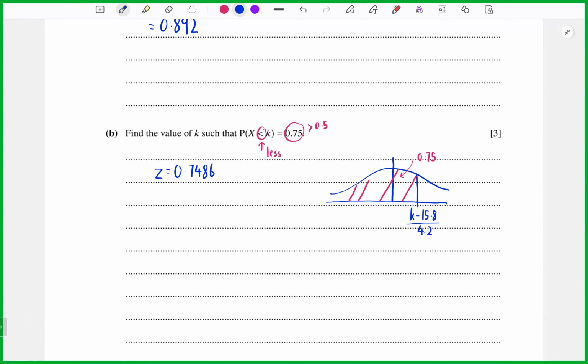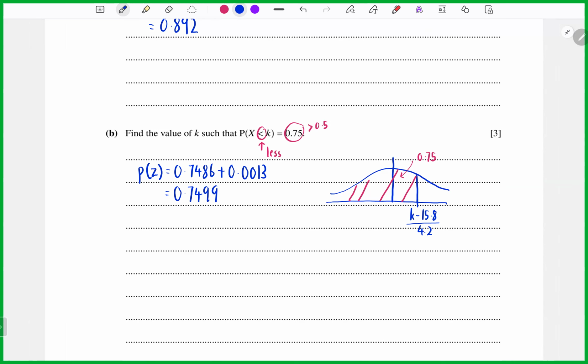So you should take 14, right? But the table doesn't have any 14. You can just take 0.0013 on this, which is for probability. So 0.7486 plus 0.0013 is 0.7499.